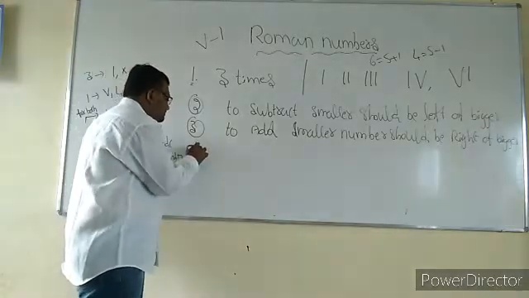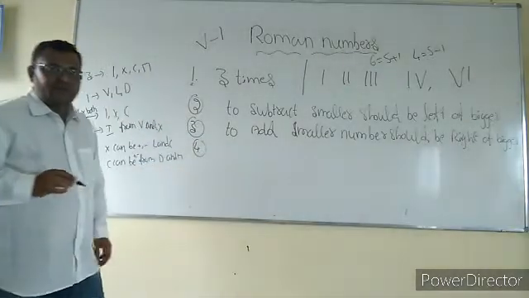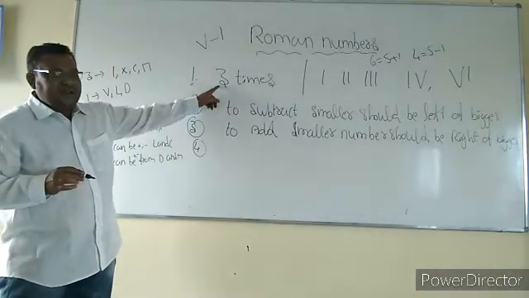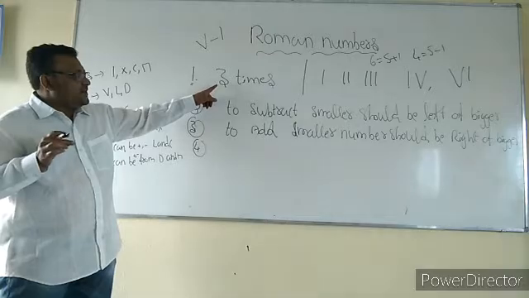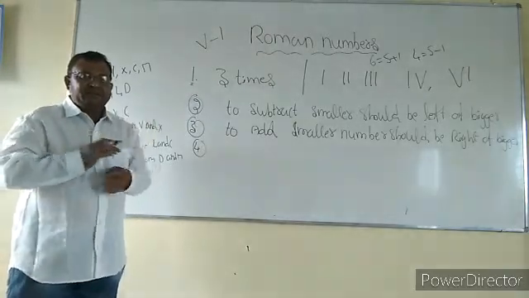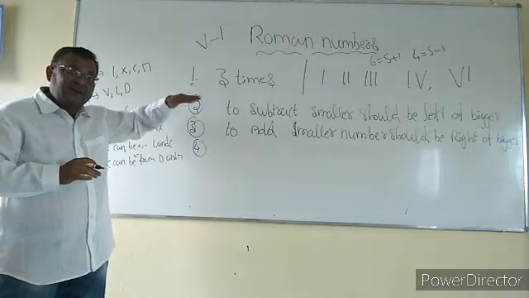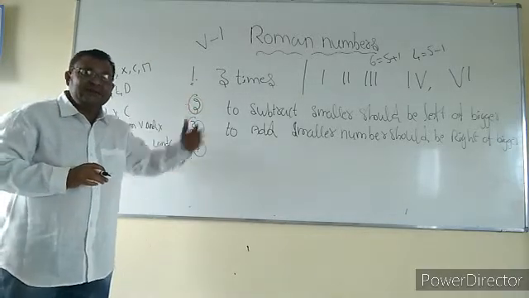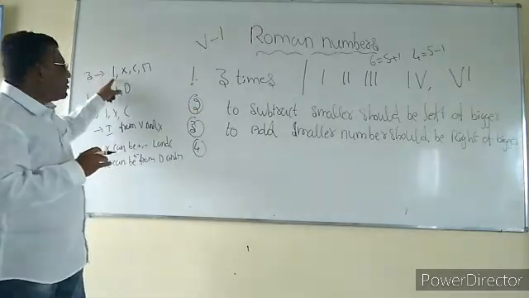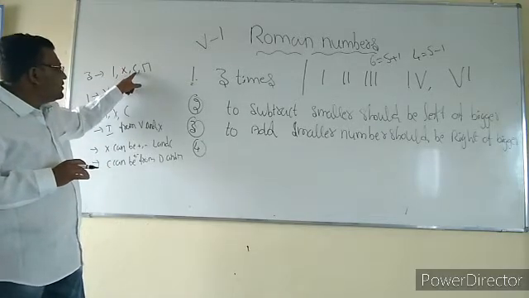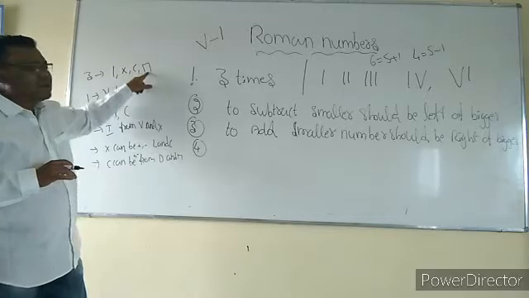And the next, fourth rule. I told you any symbol among the 7 symbols can be repeated 3 times. But in this one, not all symbols are allowed to repeat 3 times. Only 1, 10, 100, 1000.